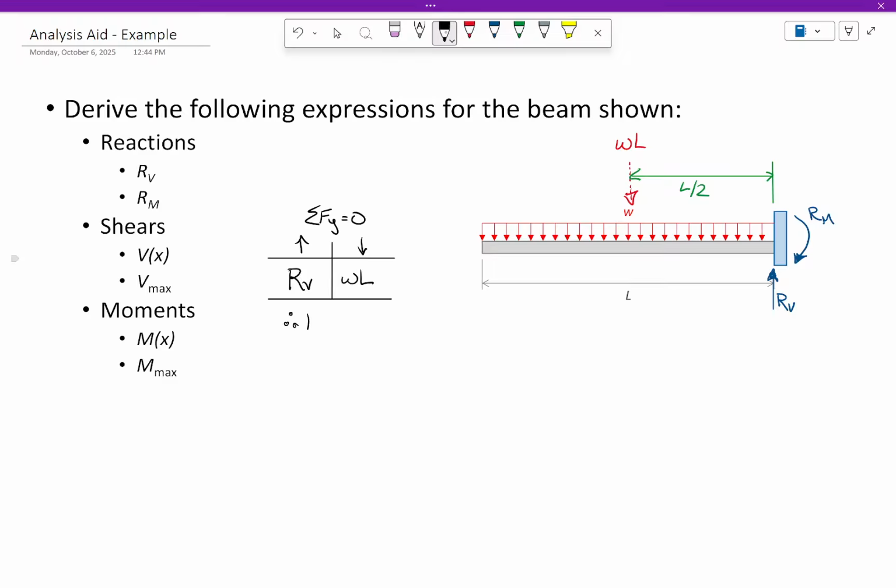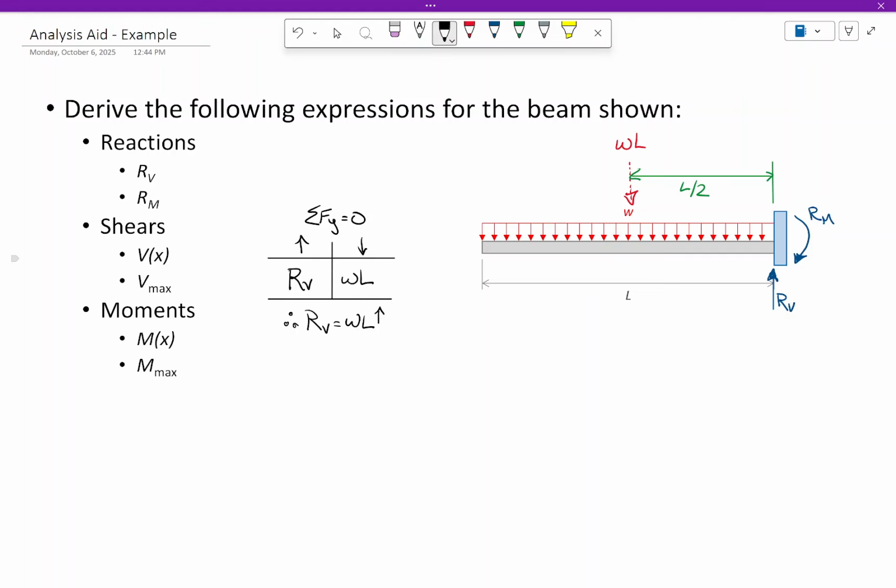Therefore, this reaction is WL upwards. So whatever the length is, whatever the distributed load is, plug and chug. Pretty simple, right?